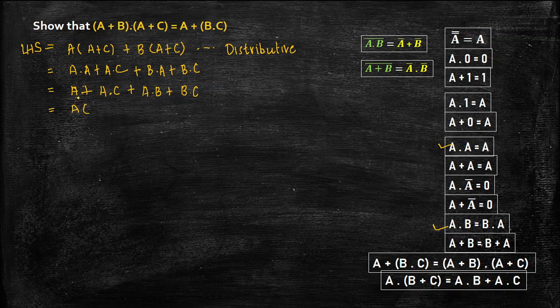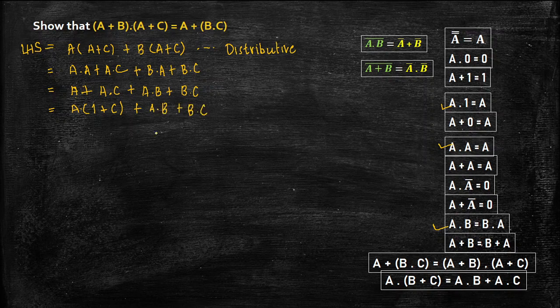If you take A common from these two terms, the first term is left with 1. Why 1? Because A dot 1 is always A. So A can be split into A dot 1. So I am taking A common and there will be a dot between the two. So this will be 1 plus C, out of A and C, if A is taken common the one left is C, plus A dot B as it is plus B dot C as it is.